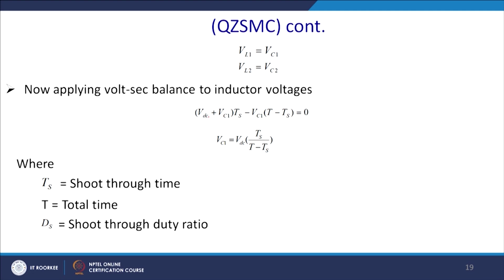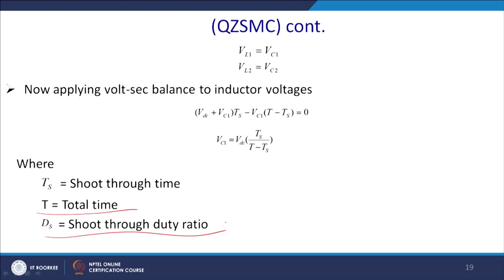You can equate these two equations: Vd plus Vc1 into Ts minus Vc1 into (T minus Ts) equals 0, and thus Vc1 equals Vdc times Ts by (T minus Ts), where Ts is the shoot through time, T is the total time, and D is the shoot through ratio.